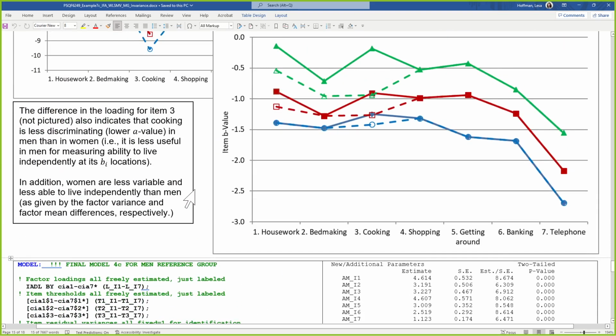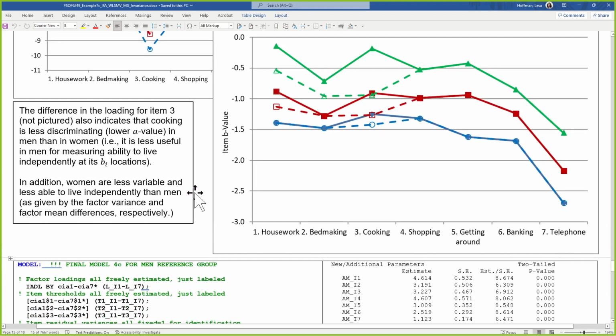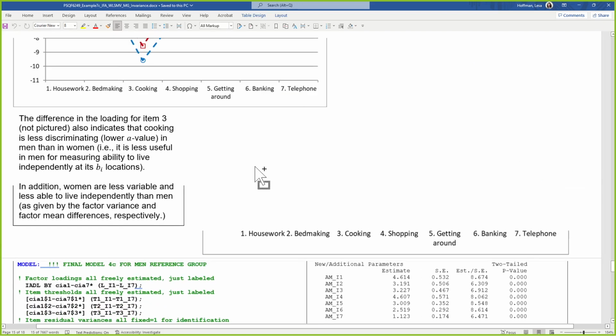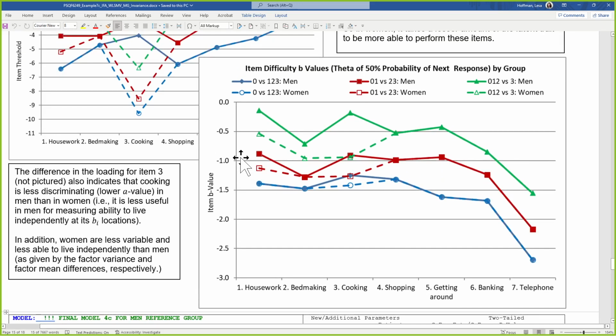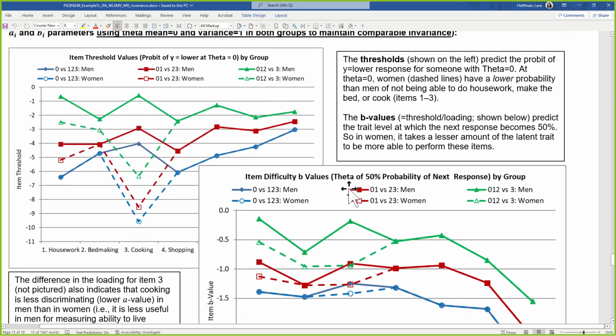But what I wanted to do is to describe how you would talk about these same relationships using IRT parameters, but to solve the problem that they were already going to be different because of factor mean and variance differences, I pretended like the factor mean and variance were 0 and 1 in the women. So it's not technically correct, but I wanted to remove that artificial difference as to why the A's and B's would look different.